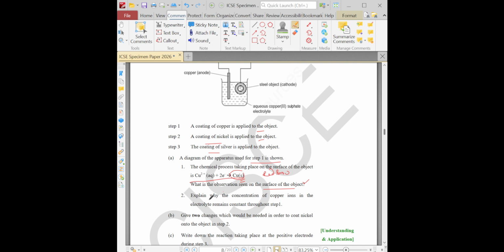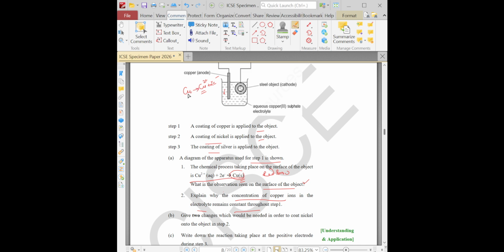Then the next part says, explain why the concentration of copper ions in the electrolyte remains the same throughout. Now what is happening? Over here the anode has got copper. Now the anode, because of the higher reduction potential, is going to release 2 electrons. Okay, now these are ions, so they will come into the solution.